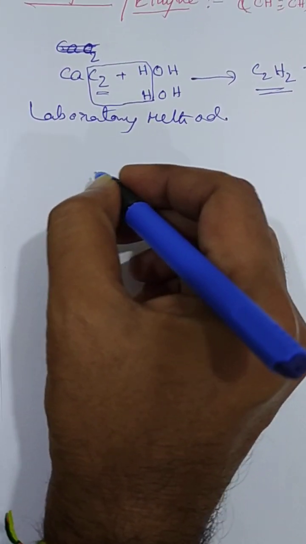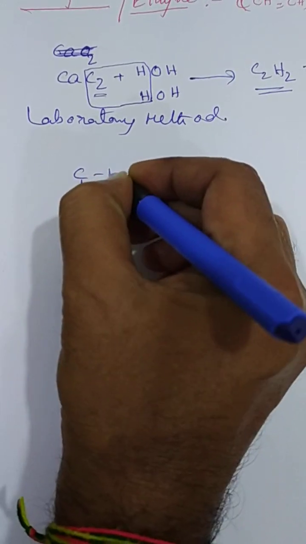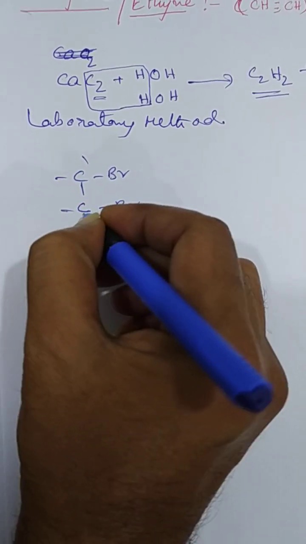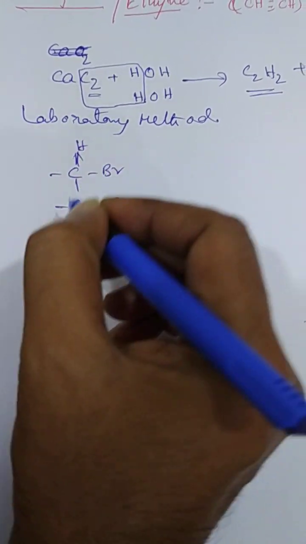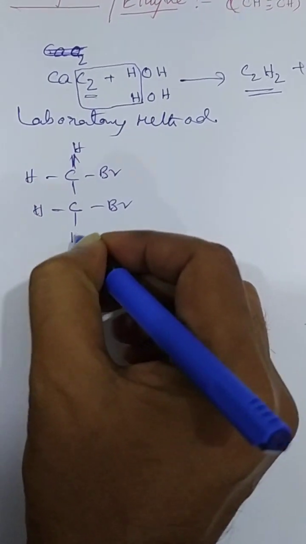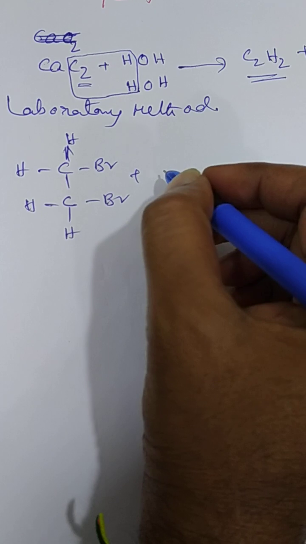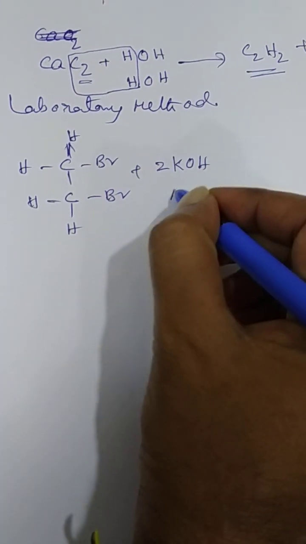So here I am writing CHBr single bond CHBr while reacting with alcoholic potassium hydroxide.